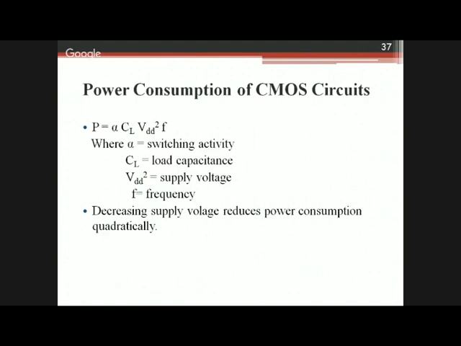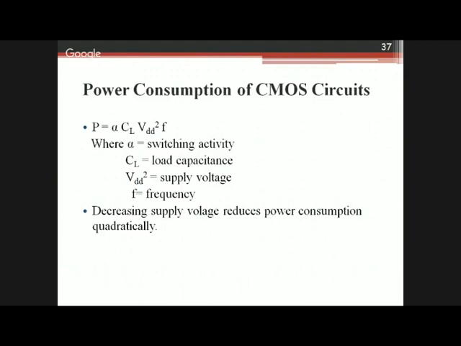So if we reduce the supply voltage, then obviously the power consumption is reduced, but it will also decrease our frequency, which reduces our speed. Reducing frequency increases the time, so the execution time of the algorithms is increased.